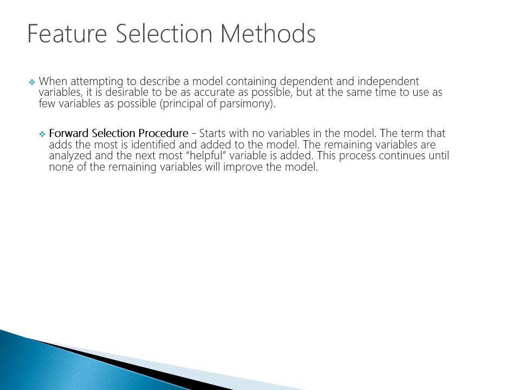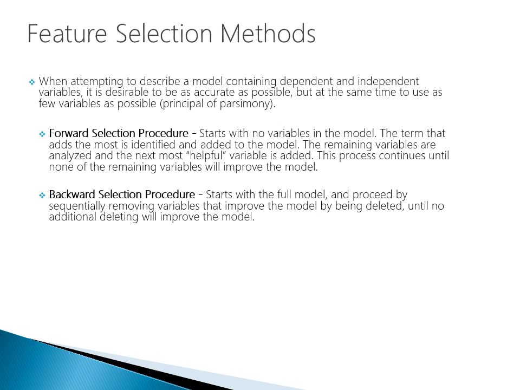It first starts with a model that has no variables included. The term that adds the most value is identified and added to this model. The remaining variables are analyzed and the next most helpful variable is added. This process continues until none of the remaining variables will improve the model.